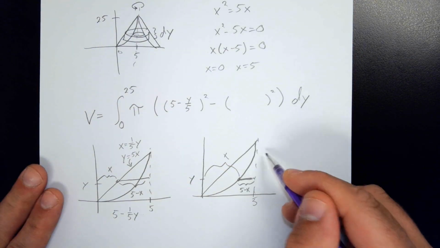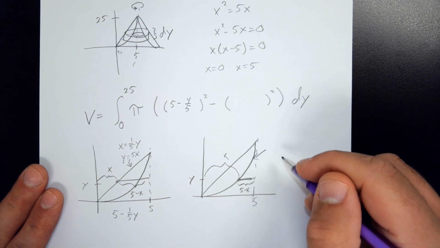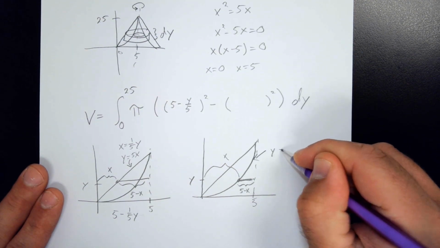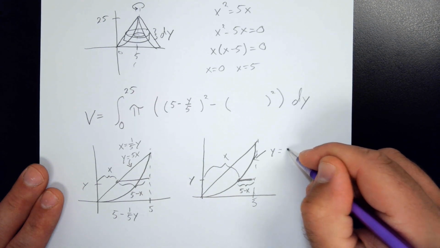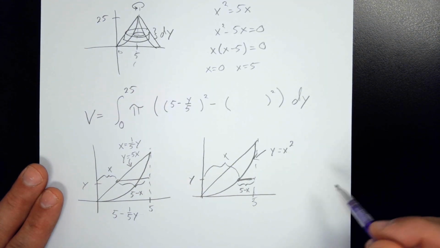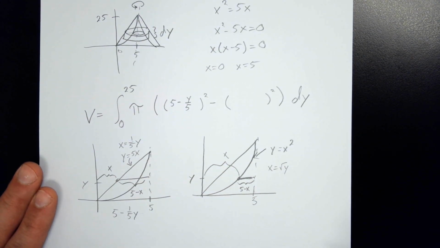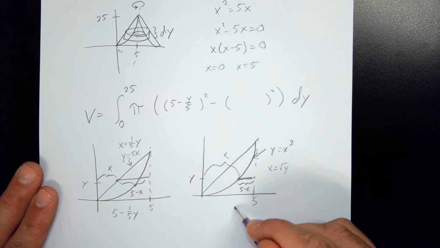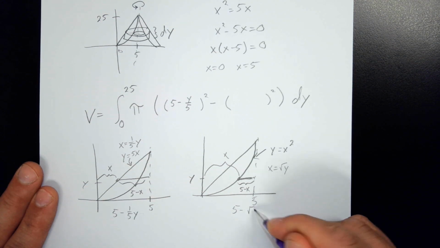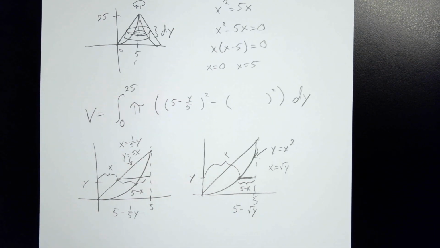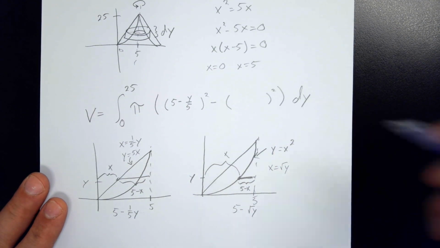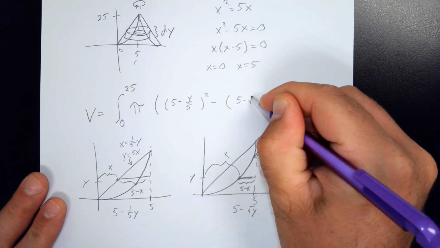Well, for this curve, this is the line y equals x squared. Or if I solve that in terms of x, that's x equals the square root of y. So this distance is 5 minus the square root of y. So that's what I'm going to plug in right here: 5 minus the square root of y.